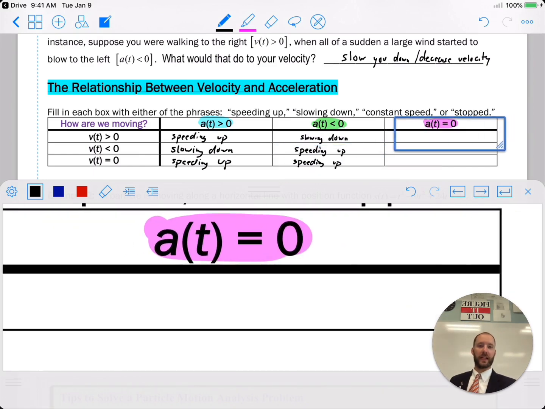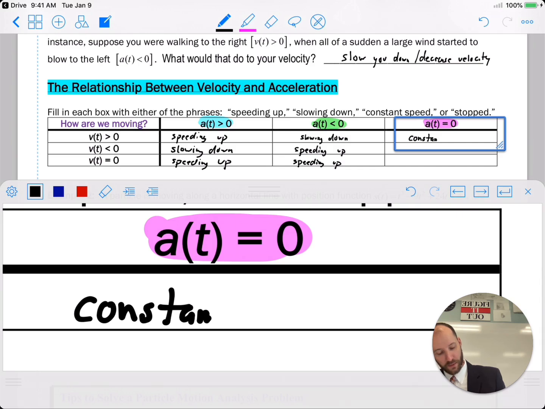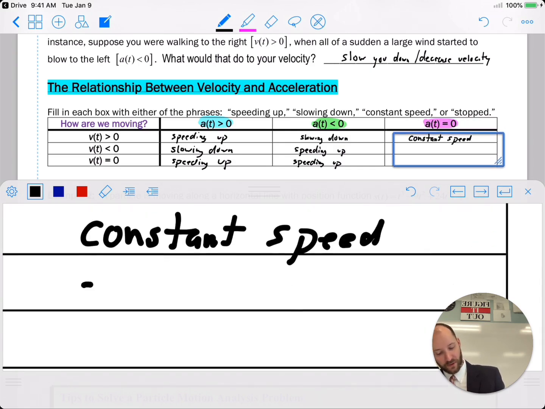Now the last column, no acceleration. So your velocity is positive. You're moving right, you're moving up. You're not accelerating at all. You have a constant speed. You're not speeding up or slowing down. Same with negative velocity.